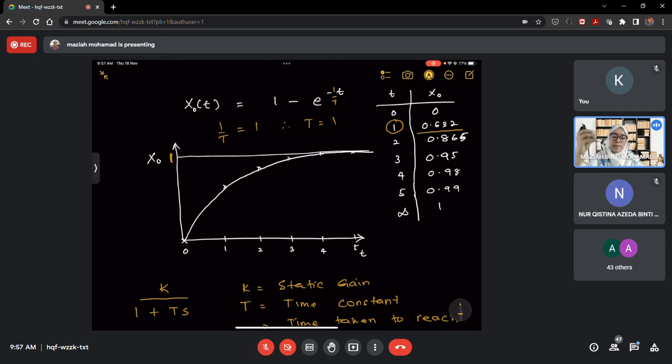We can determine the final value based on K, or if you look at the graph, we can determine K by looking at the final value and then dividing by the input signal. And then we can determine the time constant by looking at 63.2% of the final value. What is the time taken to reach that value?